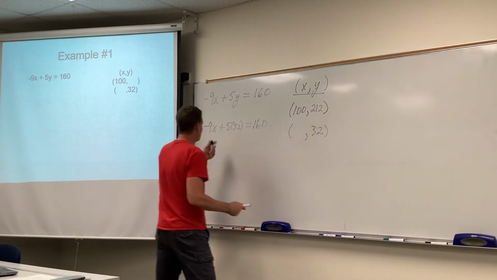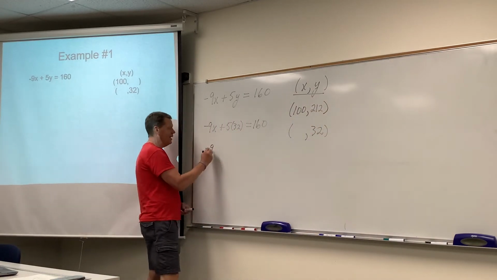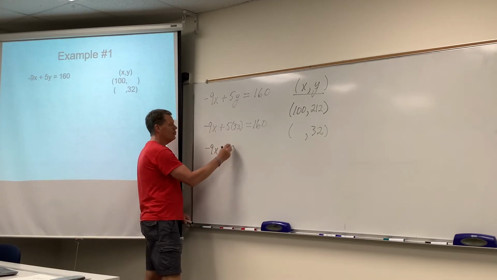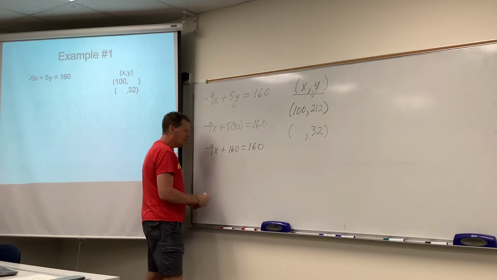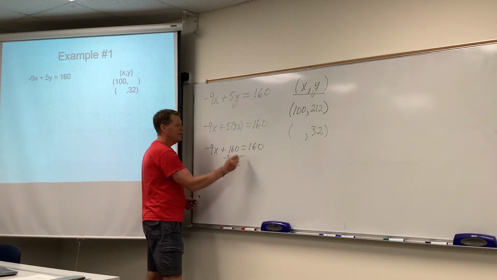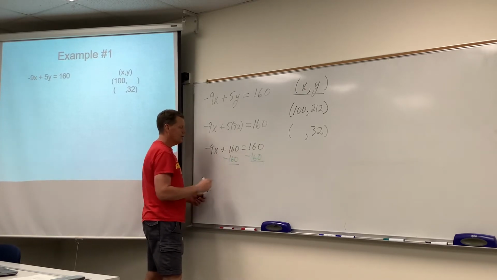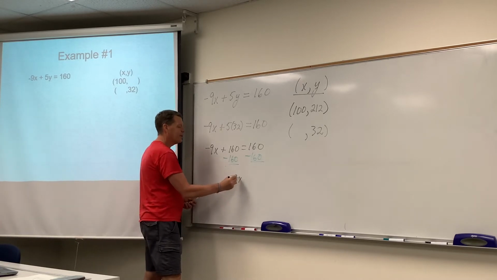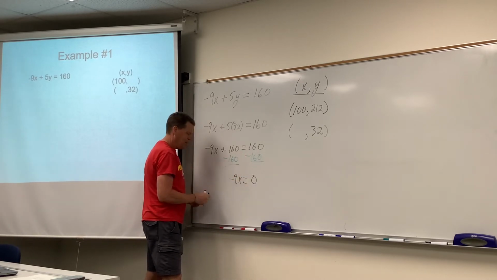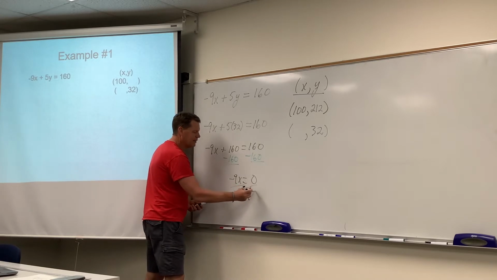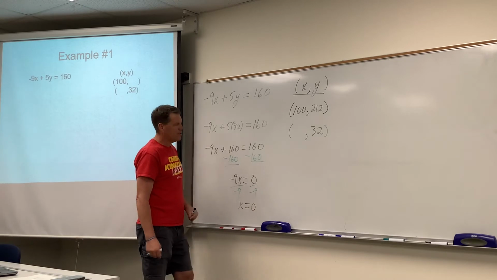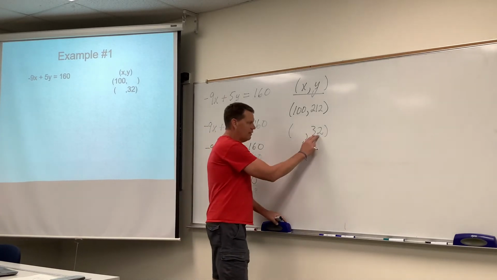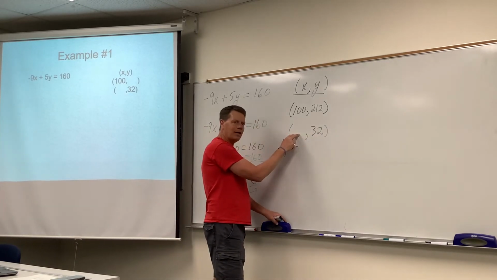So then you would solve here for x, and 5 times 32 is 160. And then you subtract over the 160. This is linear, isn't it? So then this would be 0, and then you divide by the negative 9, and x turns out to equal 0. So the point is, if I give you a y, you can solve for x. Does that make sense? Okay.